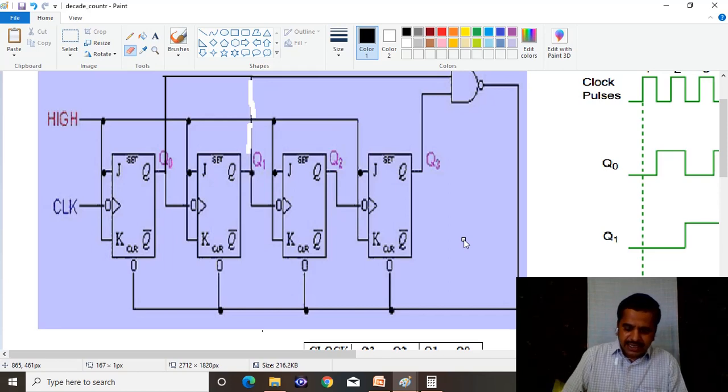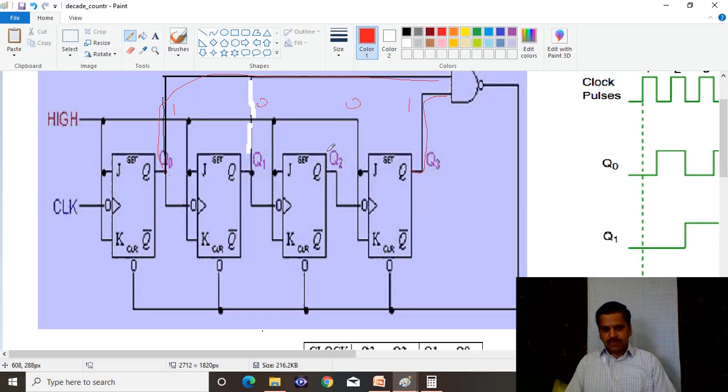One NAND gate is added, taking the output of the first flip-flop and the output of the last flip-flop. When it reaches 1, 0, 0, 1, it has to reset.